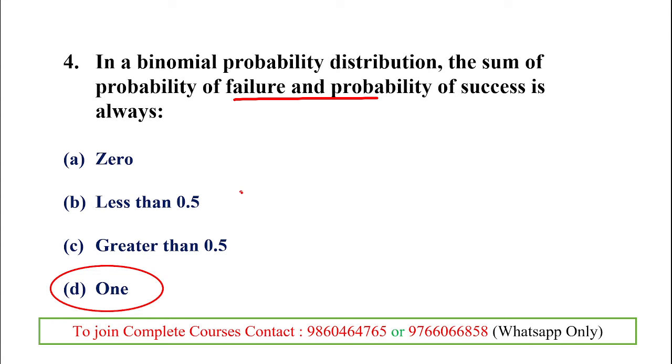So 0.5 is one of the trials or one of the results, success or failure. So with both success and failure we get 1. The sum of the probability of success and failure is 1.